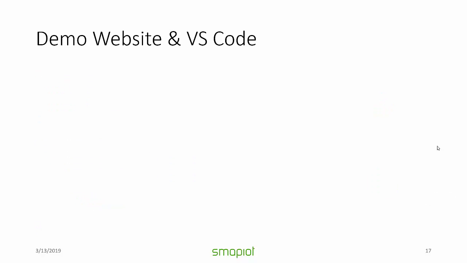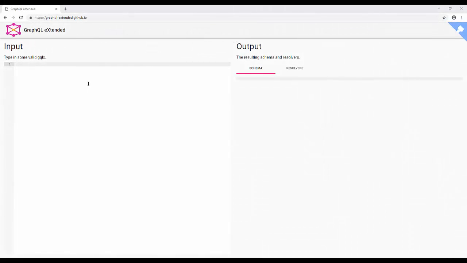With that being said, let's just see how it looks like on the web page, but also in an editor like VS Code. How can we write GQLX? Let's start on our web page, GraphQL-extended.github.io.